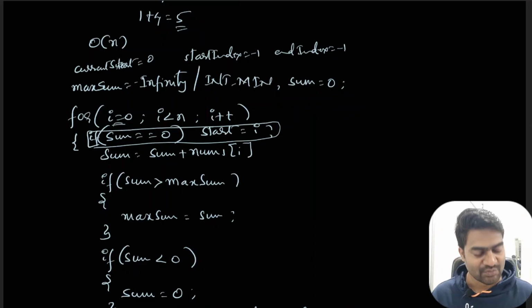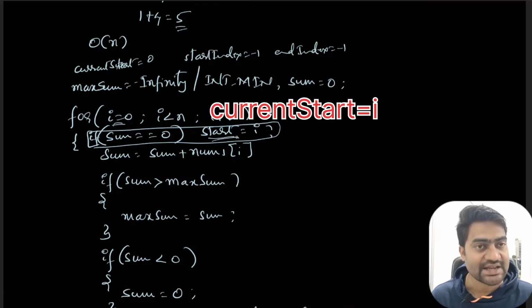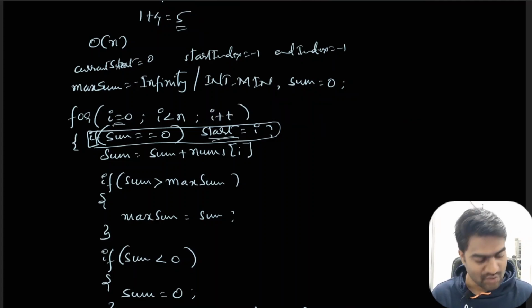Now we will use this particular condition. We will check before processing if the sum is equal to 0, then we will simply update our start index. It means the subarray is going to start freshly at that particular point.